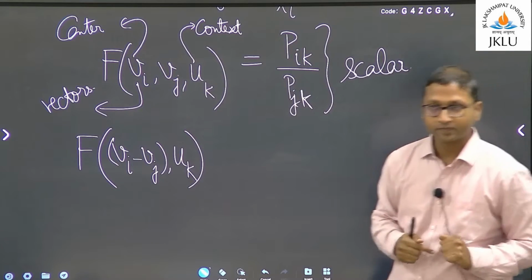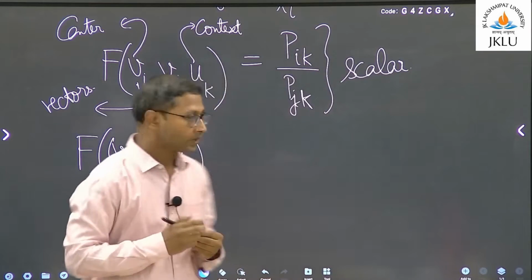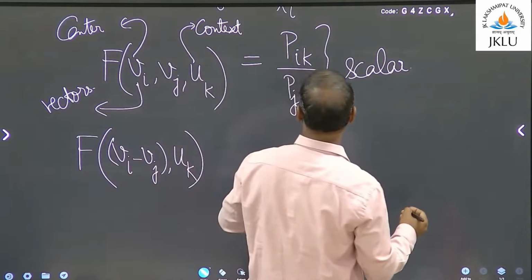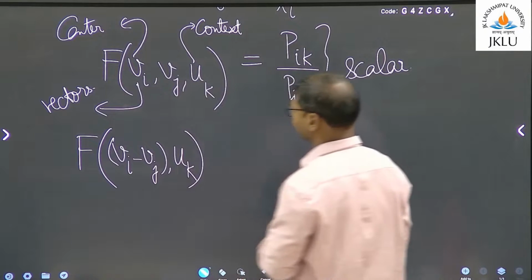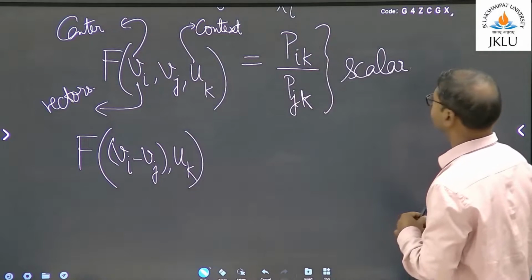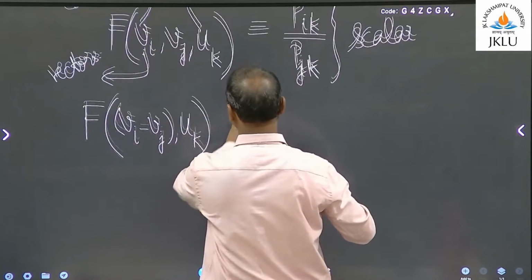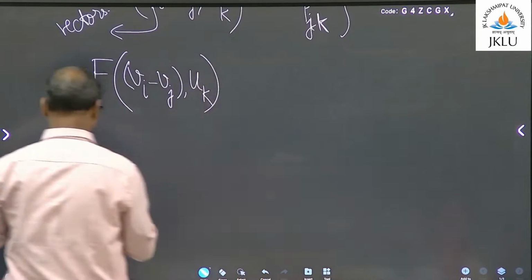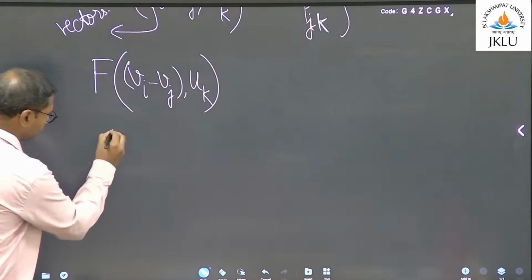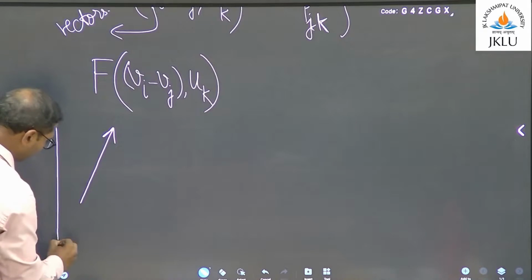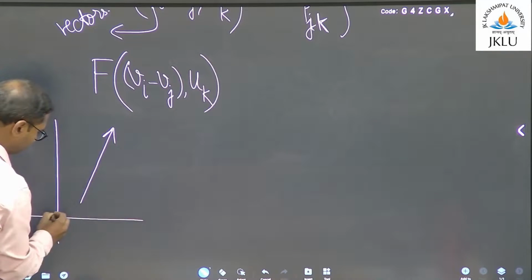Right. So tell me one thing. This is a little bit of a digression, but we can do it here. Let's say somewhere here we have the origin, let it be.